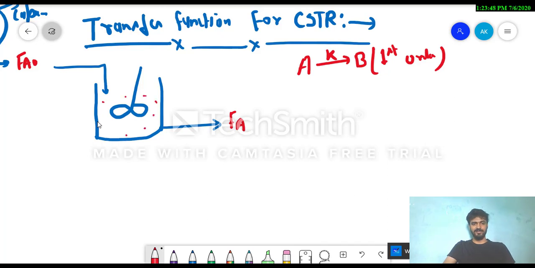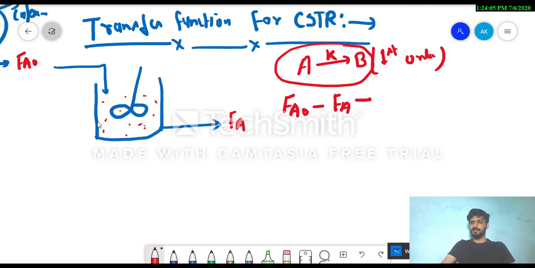The reaction mixture will be here. Now what is happening here? You have to apply the material balance for particular component A. If you apply the material balance, then what will happen? FA0 inlet minus FA out, minus what will happen? There is a consumption of reactant A to product. So consumption you can write as minus of RA into V, that equals what?